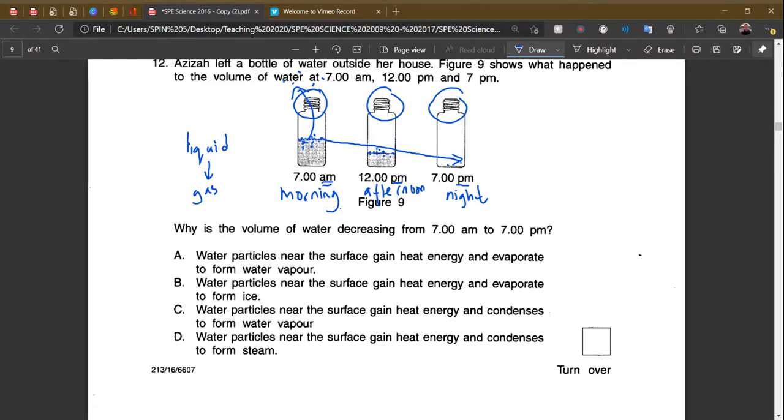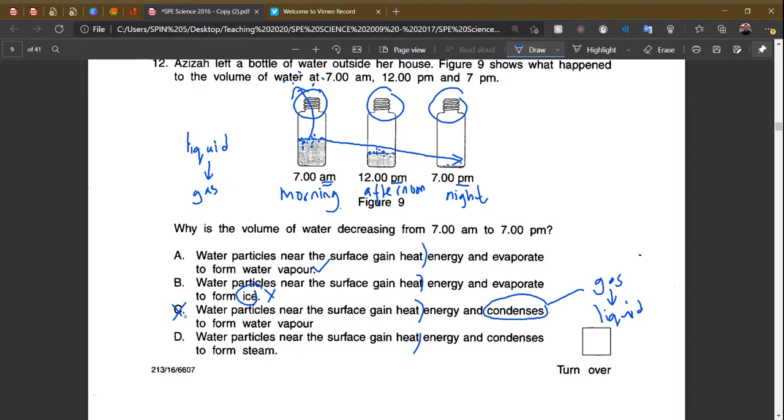So if you look at the choices, water particles near the surface, all of them have the same information at the beginning, so all of them are possible. Evaporate to form water vapor, that statement is correct. To form ice is not correct. Condense means change from gas to liquid, therefore that's not correct as well.